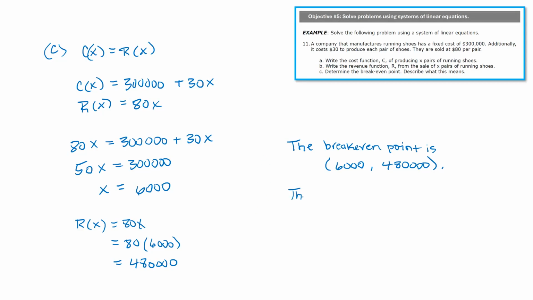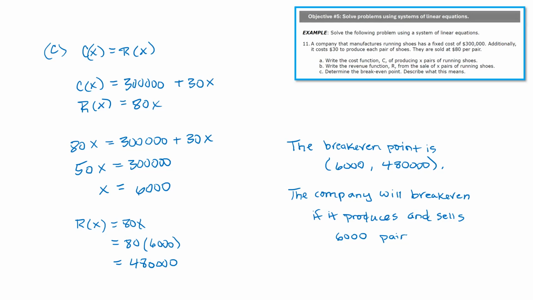This means the company will break even if it produces and sells 6,000 pairs of shoes at a total cost of $480,000.